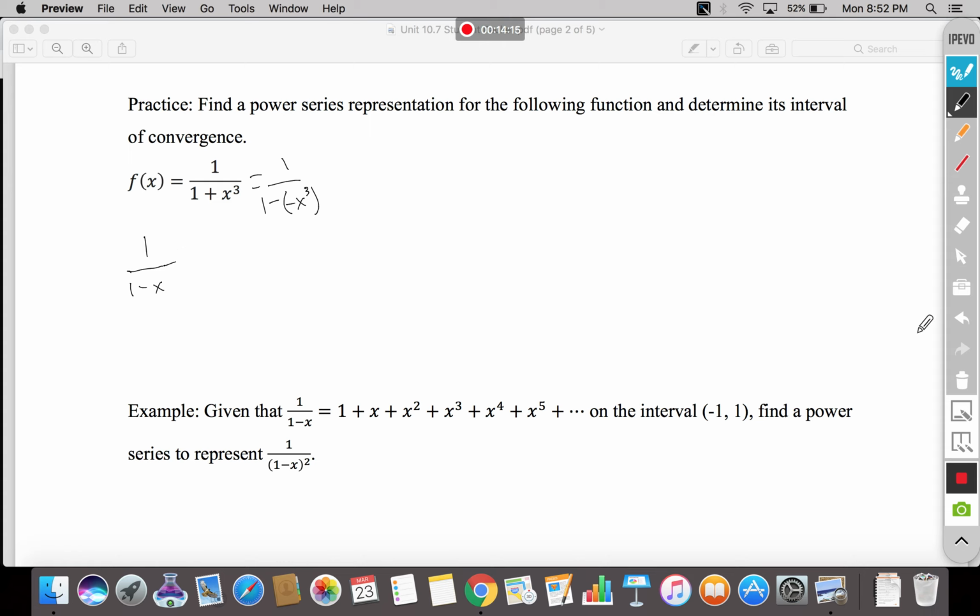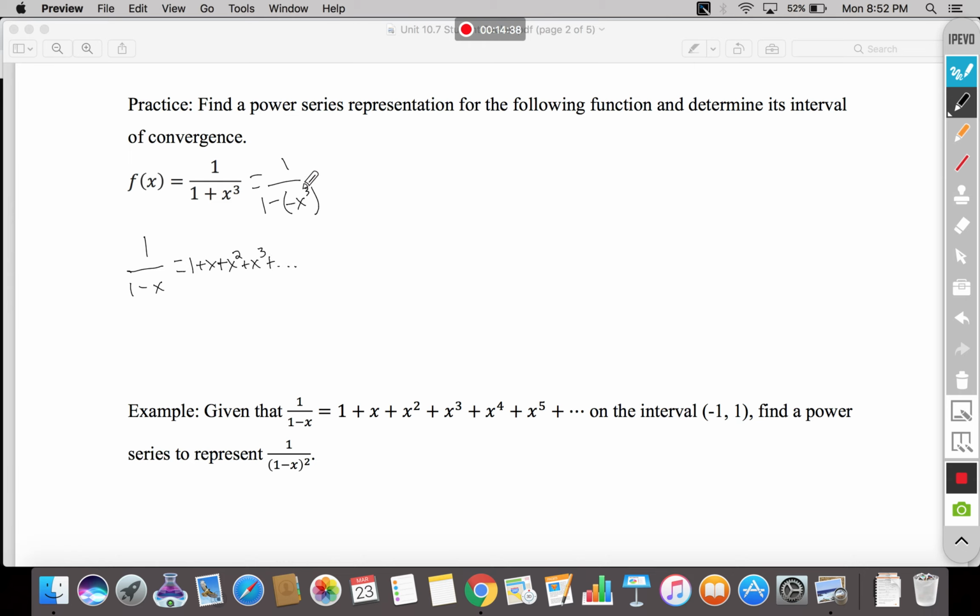It looks like 1 plus x to the first power plus x squared plus x cubed. We know what that looks like, right?